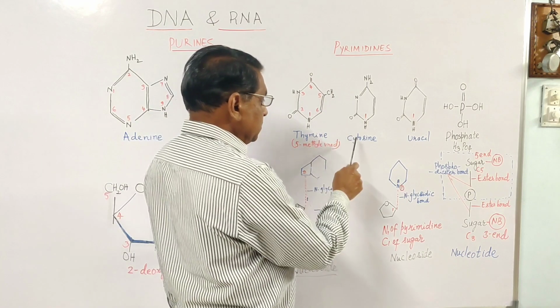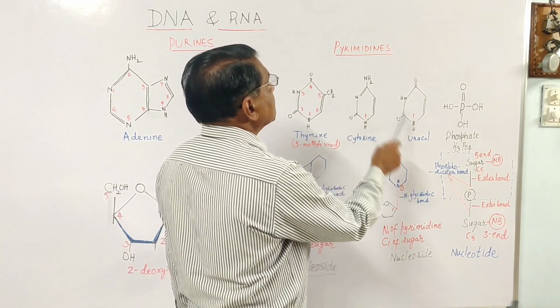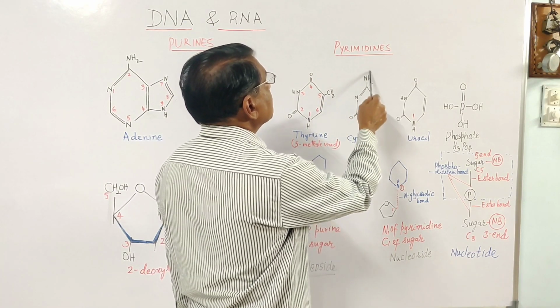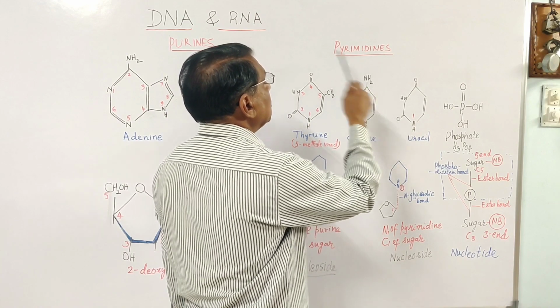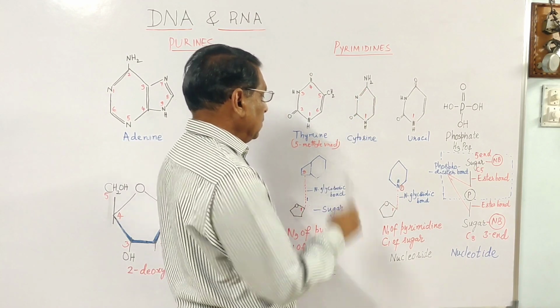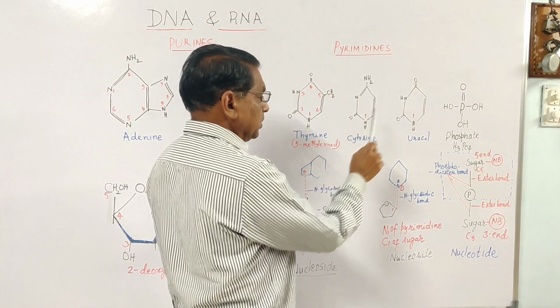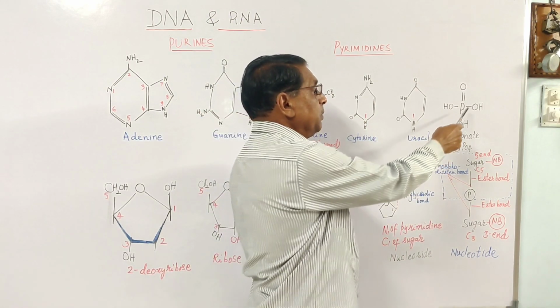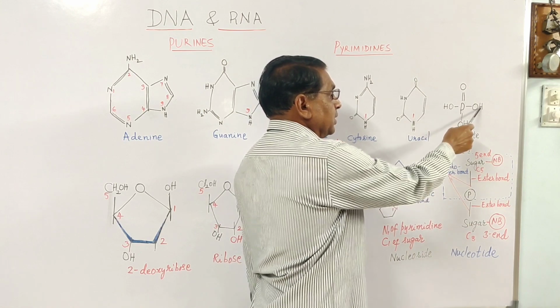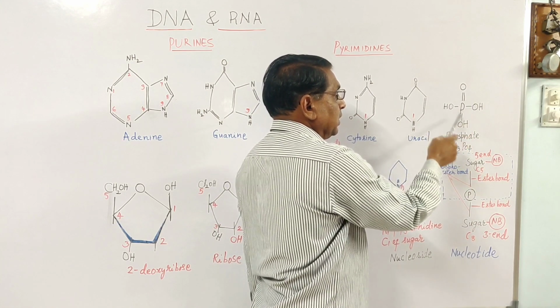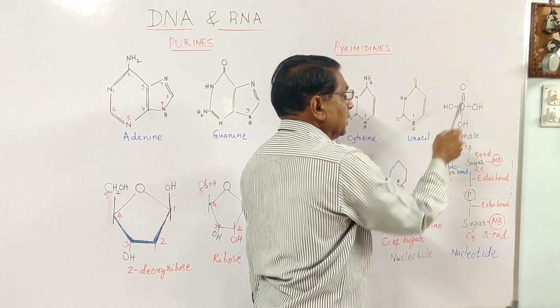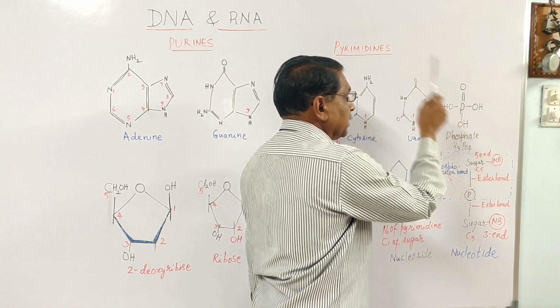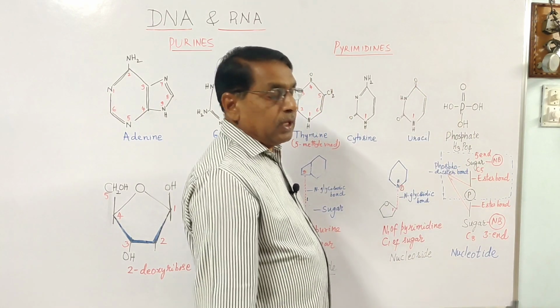The difference between cytosine and thymine and uracil is here: in cytosine, there is an amino group. So, thymine, cytosine, uracil. Then this is a phosphate with hydroxyls. These are three hydroxyl functional groups which can actively participate in chemical reactions.